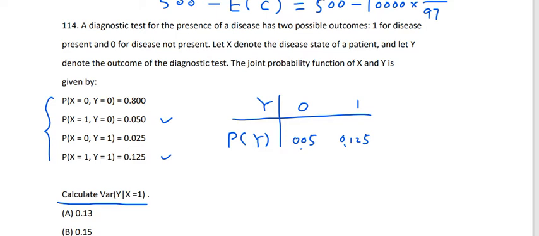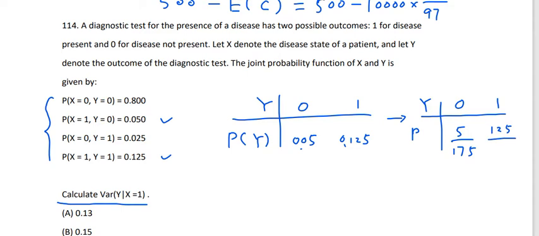So this is not a distribution, so the total is 175. So here we can say this is 5 over 175, and here 50.